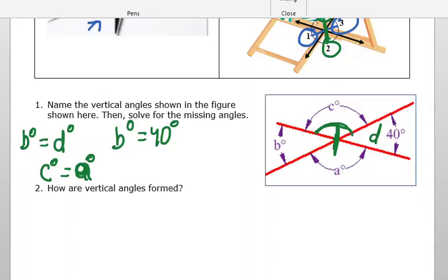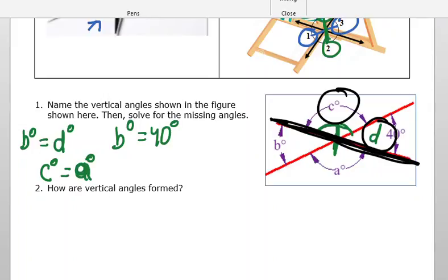Now, how would I figure something like that out? And do I have enough information? Well, the answer is yes. I have enough information because if I were to take this line and draw it right here, angle C and angle D together add up to 180 degrees. I know this because I have a straight line. They are supplementary angles.